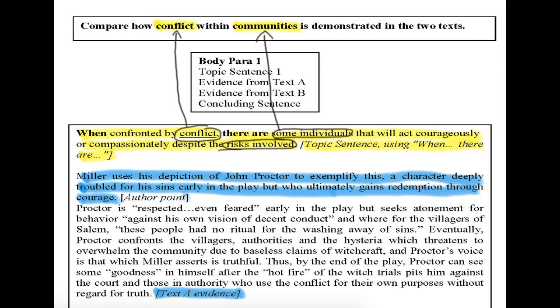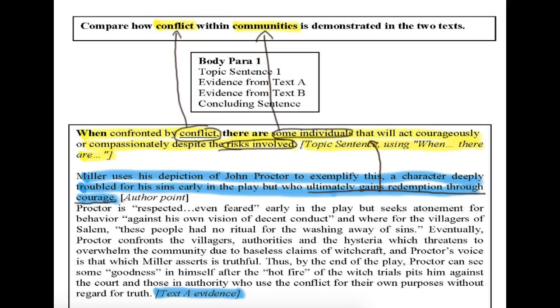A character deeply troubled for his sins early in the play, but who ultimately gains redemption through courage. Okay, so that statement there, the author's point, links back to the topic sentence. There are some individuals that will act courageously or compassionately despite the risks involved.